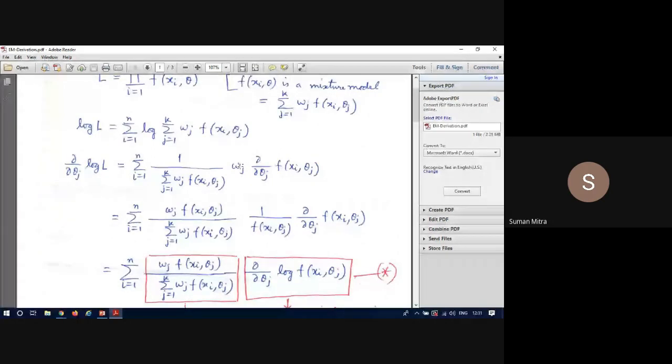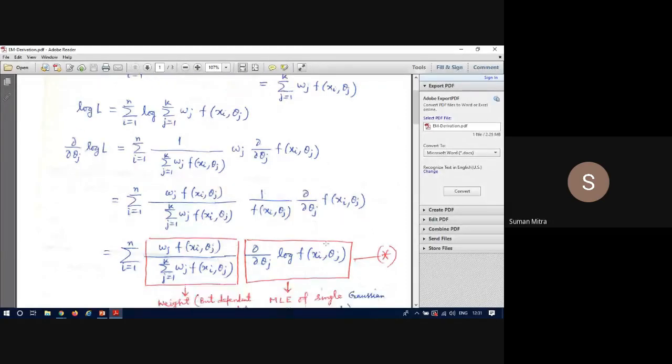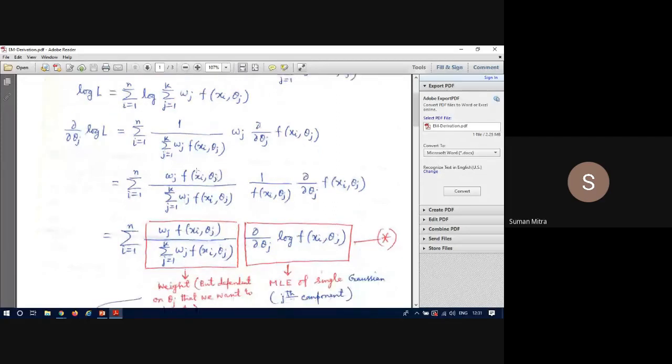We multiply this by f(xi, theta j), so we divide it by f(xi, theta j), and del theta j of f(xi, theta j) remains the same. So we write it forcefully and divide by f(xi, theta j), so that this cancels and the two lines become the same.